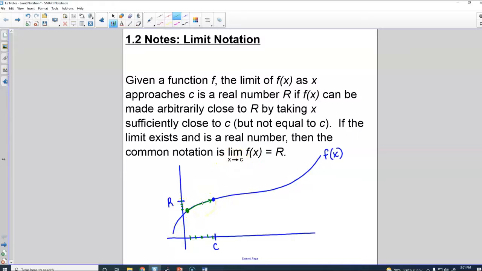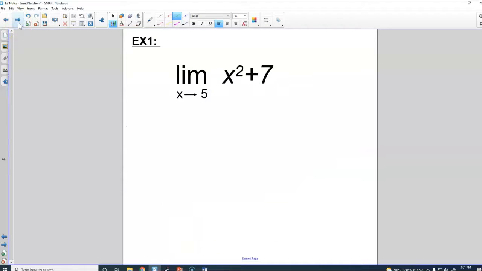We will look at this more in depth. Today I really am just focused on notation and what this means, not understanding what the picture means so much, but being able to translate from words to the notation. So let's look at what I want you to be able to do today. All of these are going to start with this lim, this is the limit.